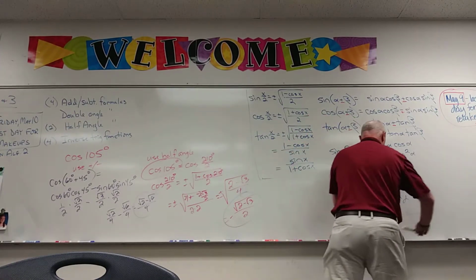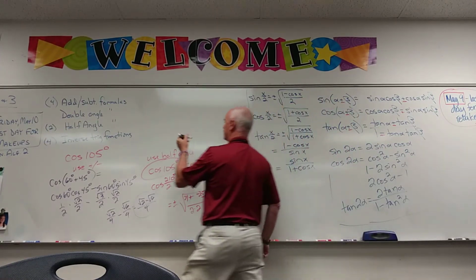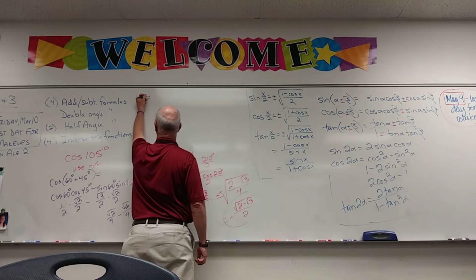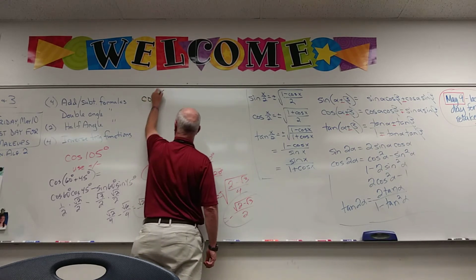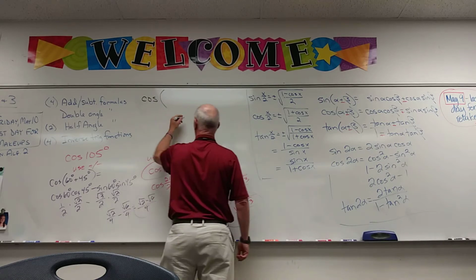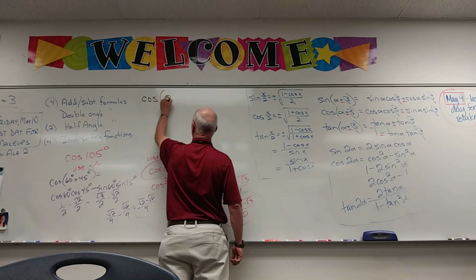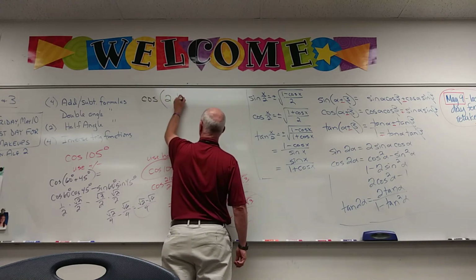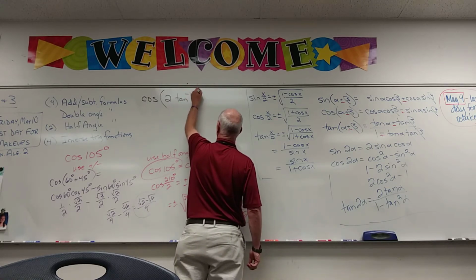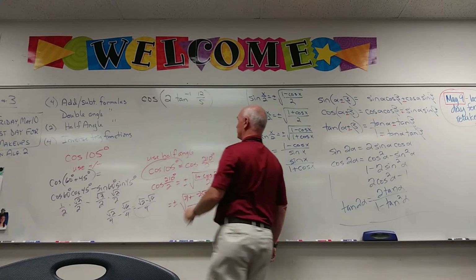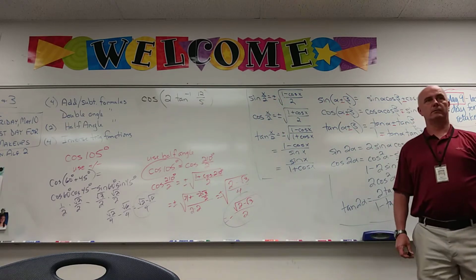The one that we haven't touched on yet, which I kind of expected to, but probably more a me thing, is something like the cosine of 2 times the inverse tangent of 12/5. Oh yeah, wasn't this a homework problem? I was confused.